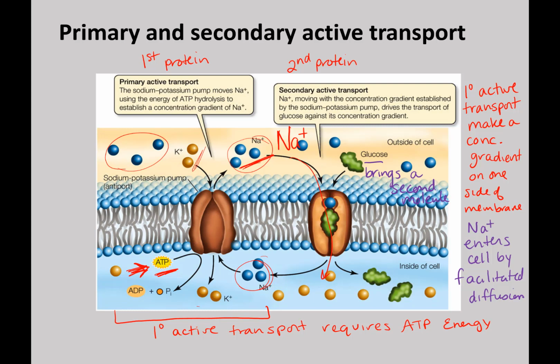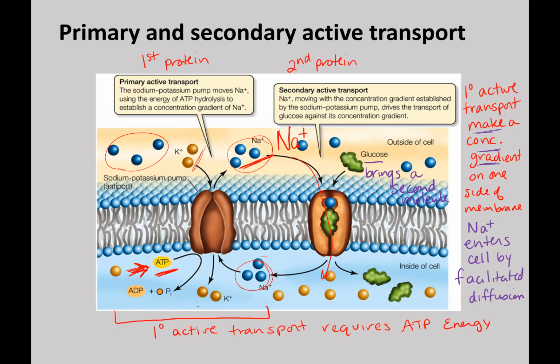And I'm going to show you one more example of this. What I want you to get from this is that the cell is on purpose creating a concentration gradient, and then using that concentration gradient to bring in a second molecule.